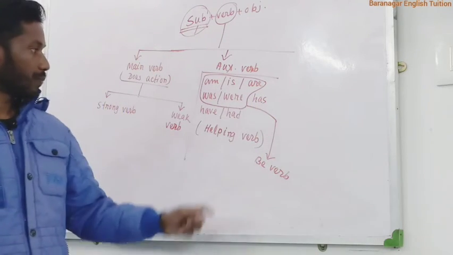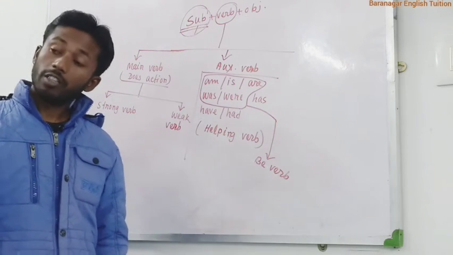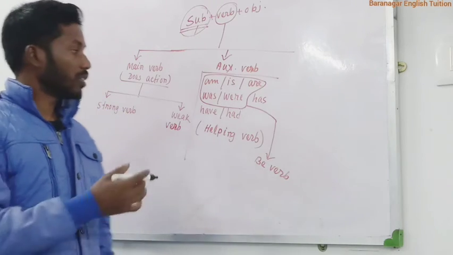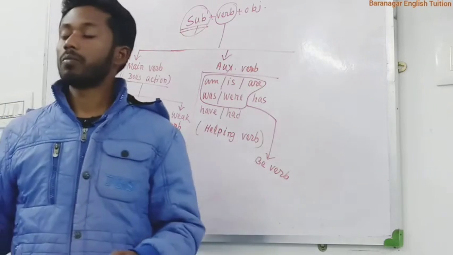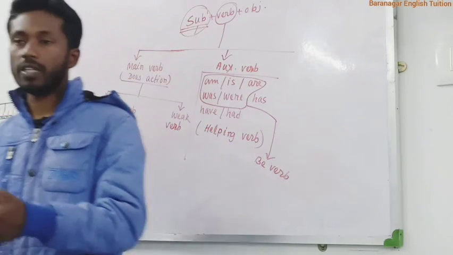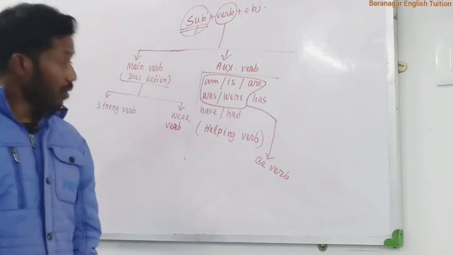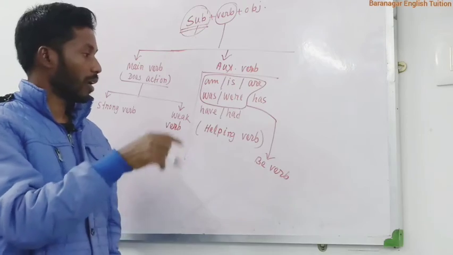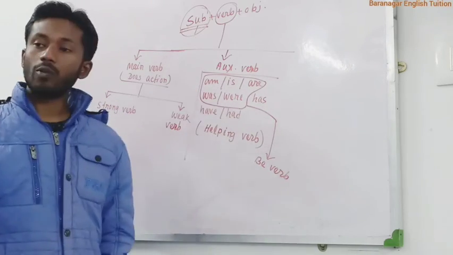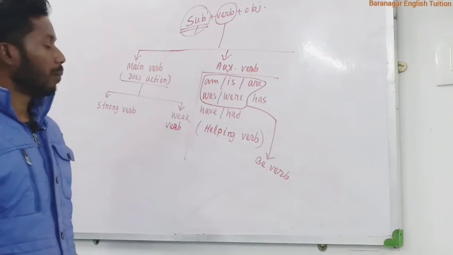They are auxiliary verbs also, but they are also called be verbs, because in the voice sense, you will understand better, you have to use be, being, this kind of thing. So in auxiliary verbs, am, is, are, was, were, has, have, had are all auxiliary verbs, but am, is, are, was, were are particularly known as be verbs, and the entire part is also known as helping verbs because they help the main verb.